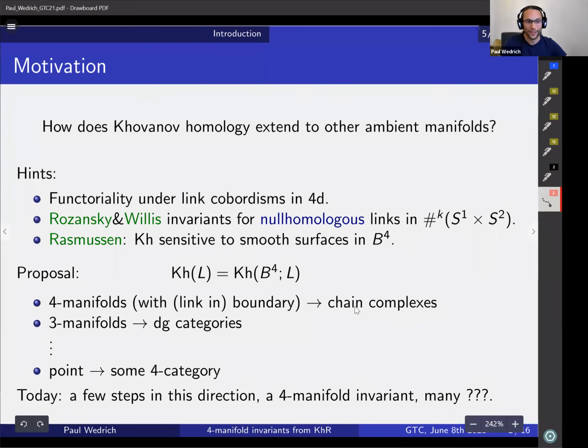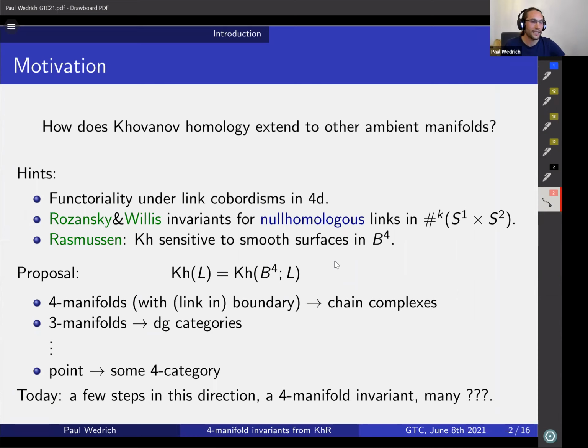Here on the 4-dimensional level, we already associate chain complexes. So you're already somehow one dimension down from this top level, and then it goes down. And I say it should be a partially defined 5-dimensional field theory because it won't be defined on all 5-manifolds.